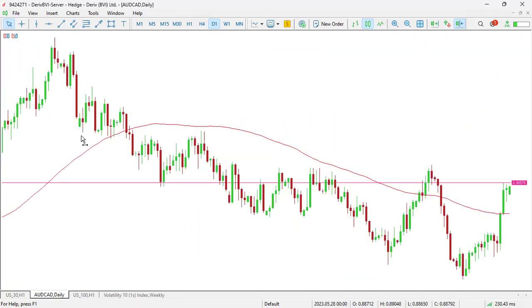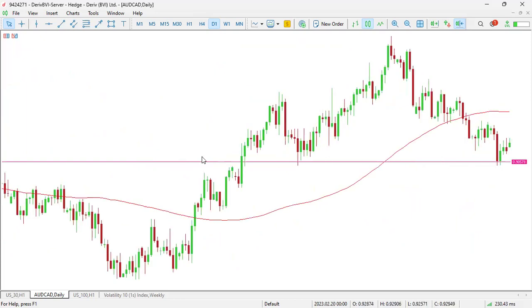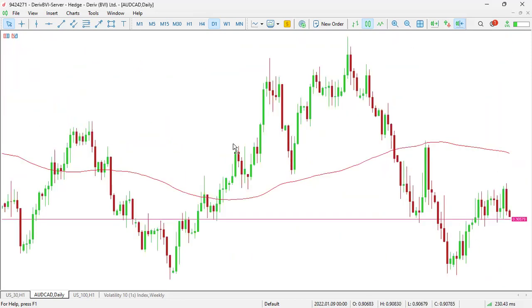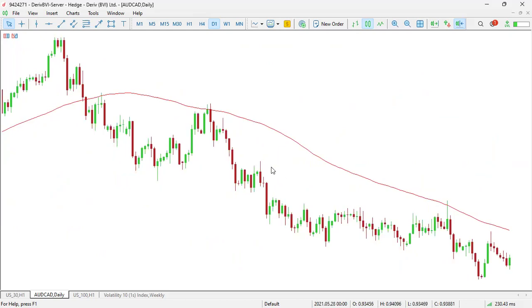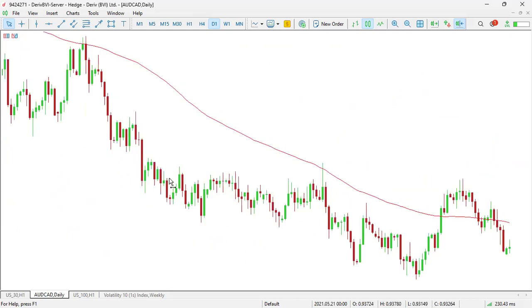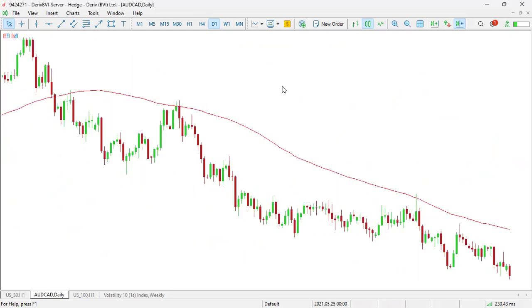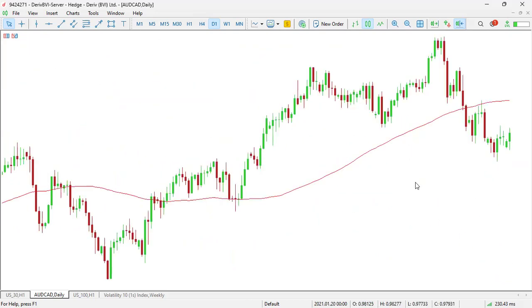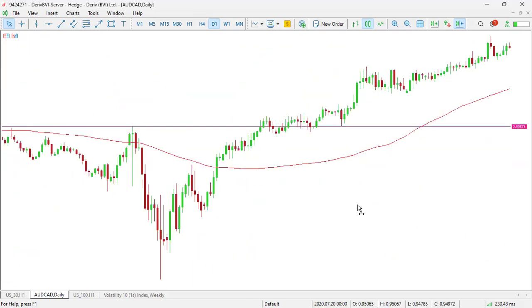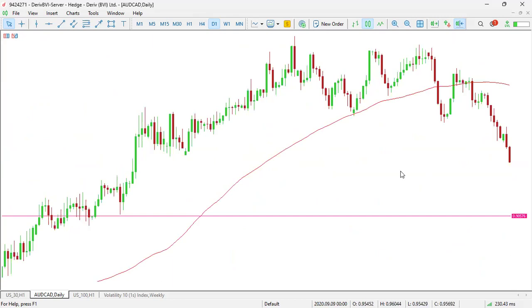And then moving back here, moving back. See, here we're going to look for selling opportunity. The moving average was on top. When the moving average is at the bottom, you start to look for buying opportunity. So this moving average shows you where the wind is blowing, whether the wind is blowing up or the wind is blowing down.